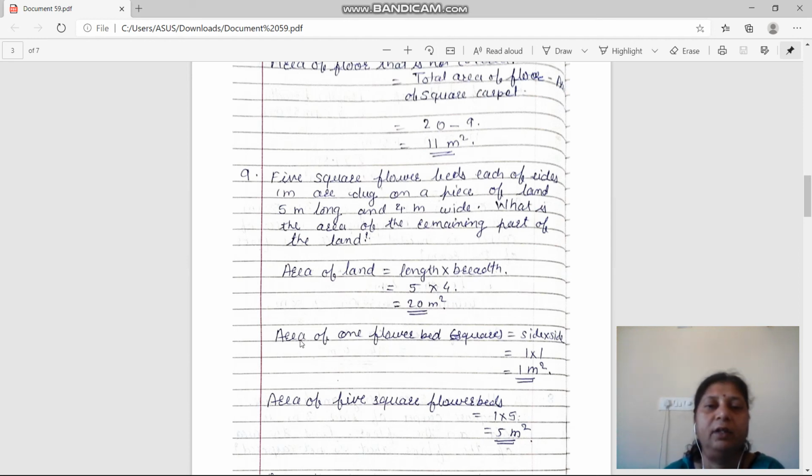Then next, area of one flower bed. As the bed dug is in square shape, we write area of one flower bed as a square. It is equal to side into side. What is the side of a square flower bed? It is 1 meter.